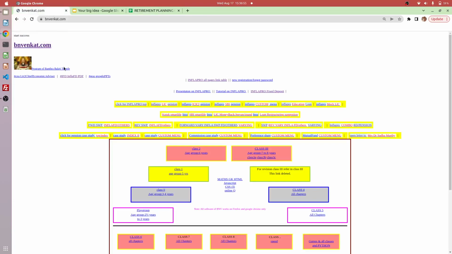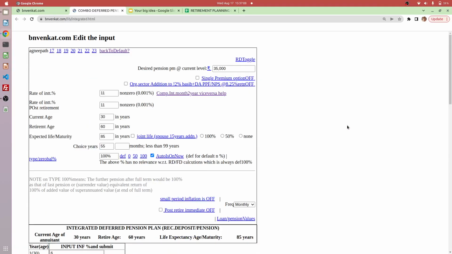Here is the web page, bnvenkat.com, my website, and we have got a combo plan. Combo plan is SIP plus withdrawal. It's a single premium option. 11% interest rate we are taking.